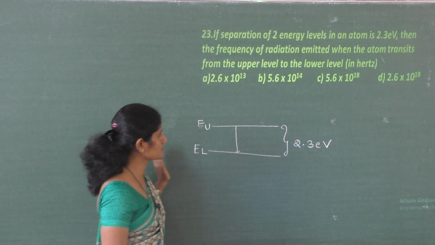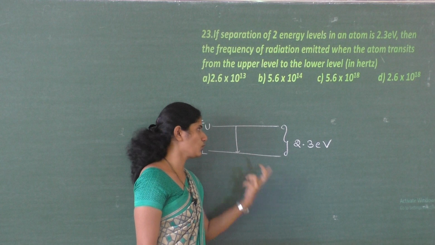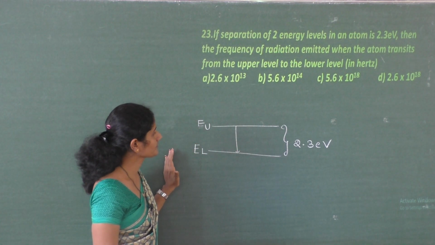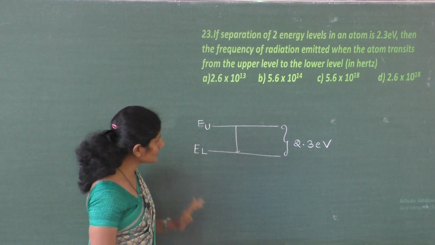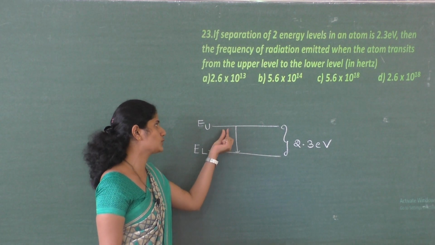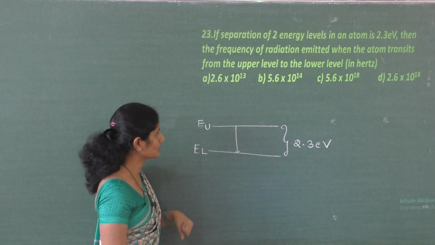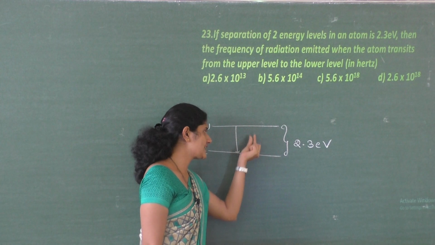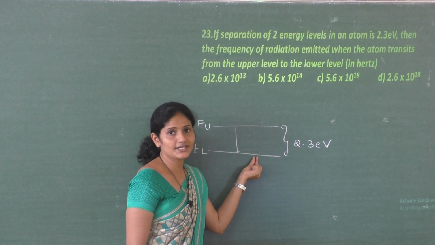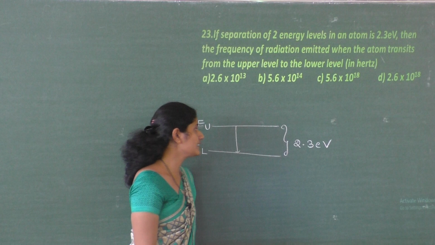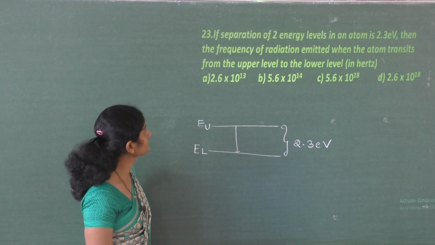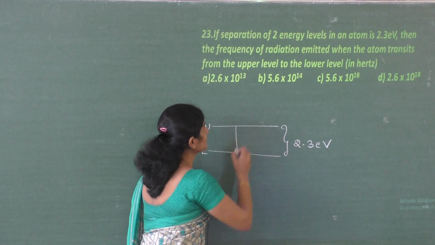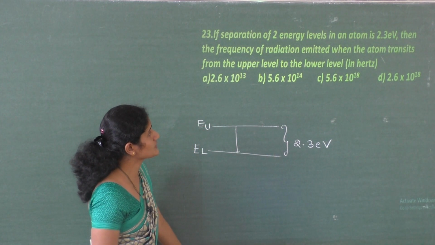When an electron jumps from a higher energy level to a lower energy level, a photon is emitted with the excess energy. Whenever an electron goes from a lower level to a higher level, it absorbs energy and goes to the excited state. When the electron jumps from this excited state to the lower state, it releases energy in the form of a photon. What is the frequency of the radiation emitted?